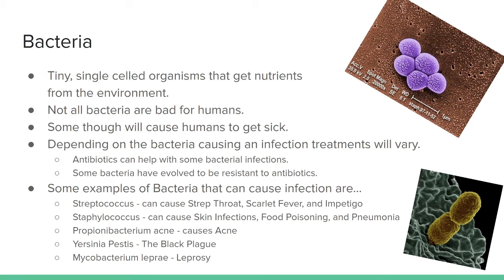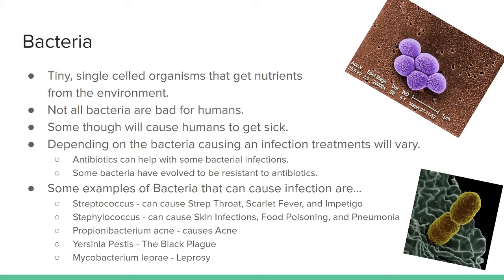But because people have overused them, and because just over time bacteria have evolved and changed, they have become more resistant to antibiotics. So if you have a bacterial infection and you start taking an antibiotic but you don't finish the course and then you get sick very quickly after with the same bacteria, more than likely you will need a stronger antibiotic, because the antibiotic killed all the weak ones, but the ones that were more resistant survived.